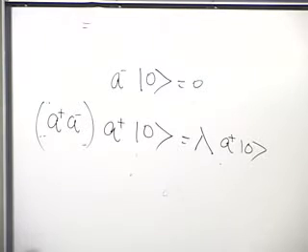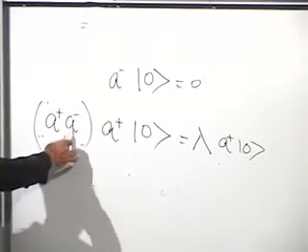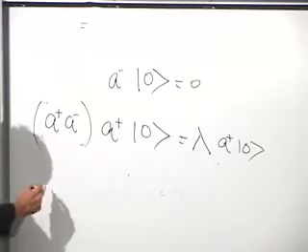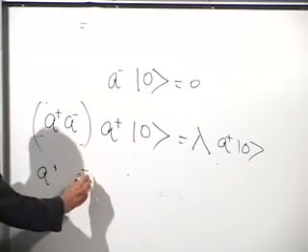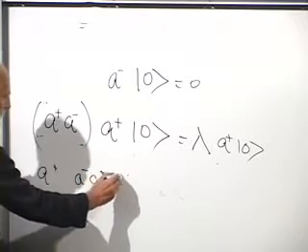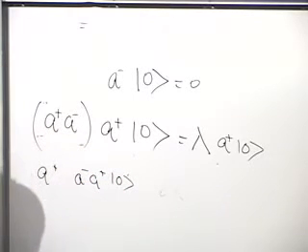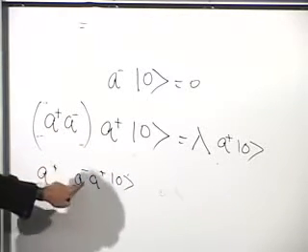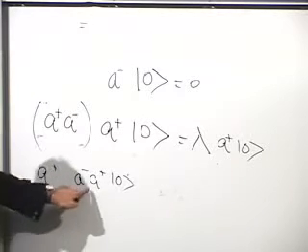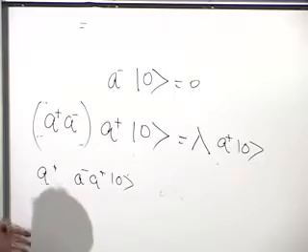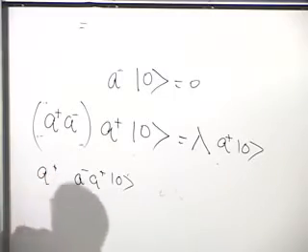Okay, now, if I remove the bracket, I have A plus, A minus A plus on 0. What I want to do is interchange the order of these two, but I'm not allowed to do that because they don't commute.